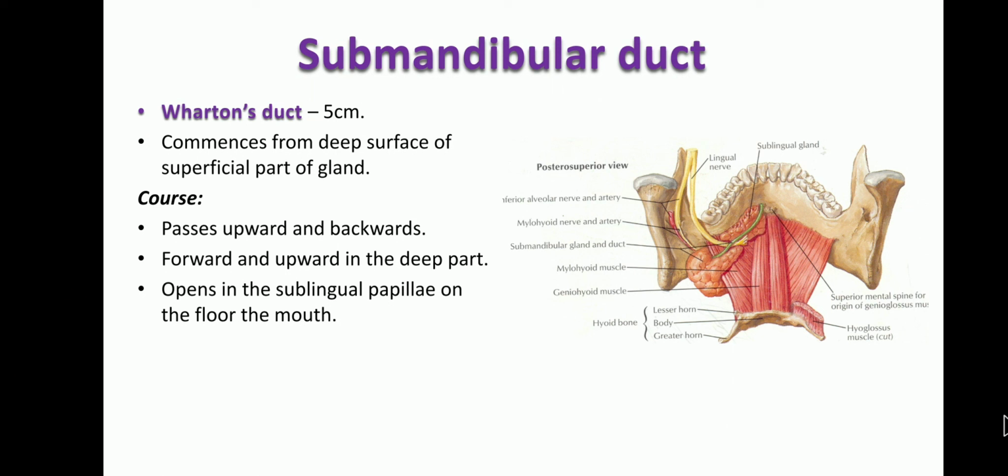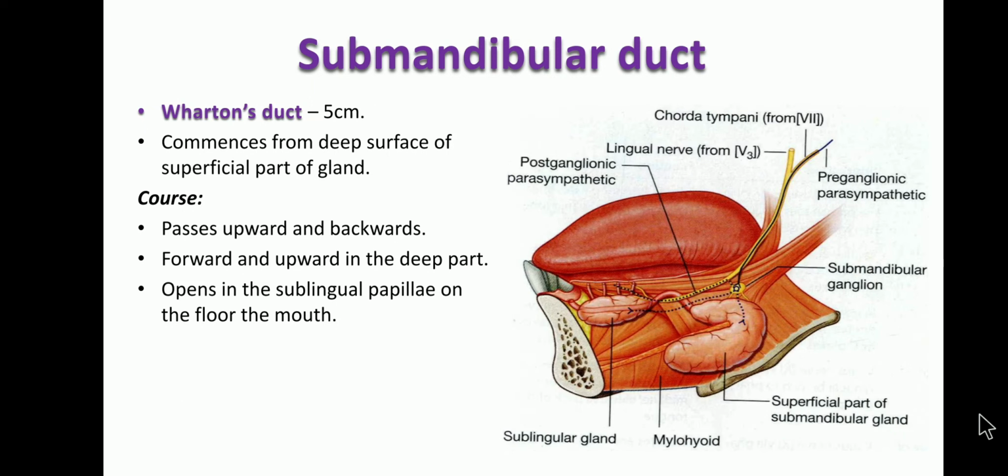On either side of the tongue you can see a raised summit, which is called the sublingual papilla. That is the submandibular duct, which you see in the lateral view. First it runs upwards and backwards, then forwards, and finally opens into the floor of the mouth at the sublingual papillae.